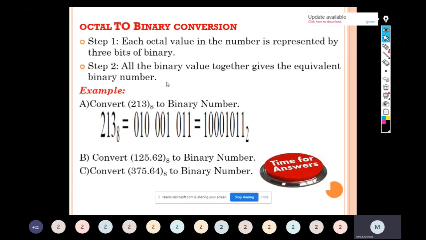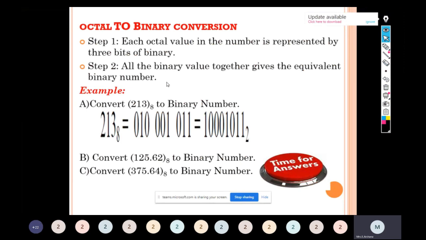The next one will be octal to binary conversion. So first the conversion we have seen, they will give us a binary number. We have to convert that into octal number. The next type of conversion we are going to see is octal to binary conversion.